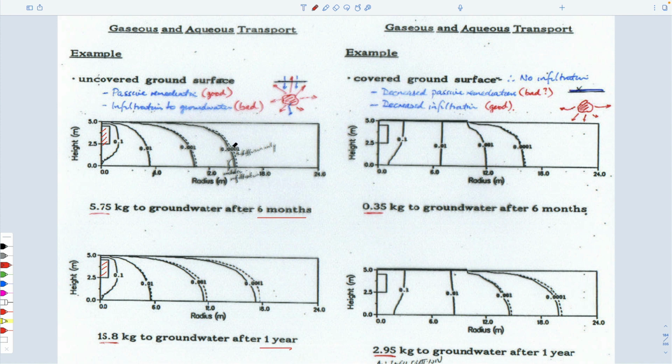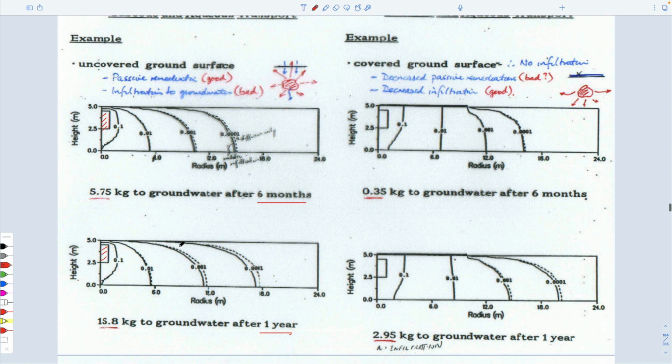So these are the concentrations. They're changing in concentration by an order of magnitude for each one. I guess the relative concentration is 1 at this point here, a tenth, a hundredth, a thousandth, a 10,000th. And I don't know what the difference is between the dotted lines and the solid lines. So you see that after a year it's gone slightly further than after 6 months.